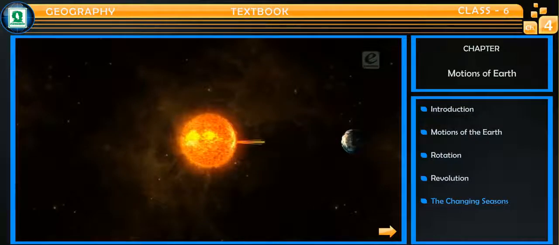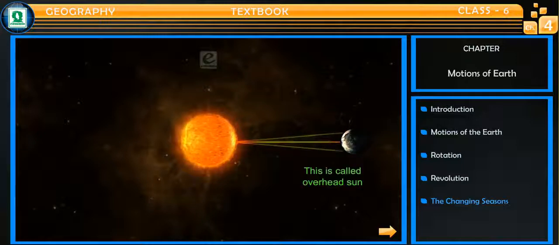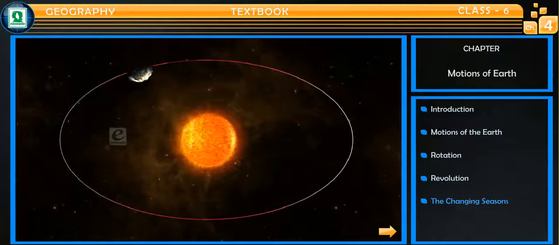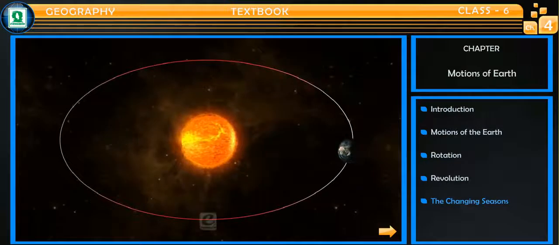Like if the sun rays fall on a place by making an angle of 90 degrees, that place will receive maximum heat. As the Earth revolves around the Sun, it comes at different positions. Moreover, due to elliptical orbit, it is never at the same distance from the Sun.